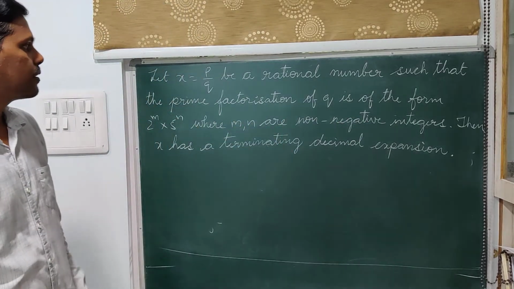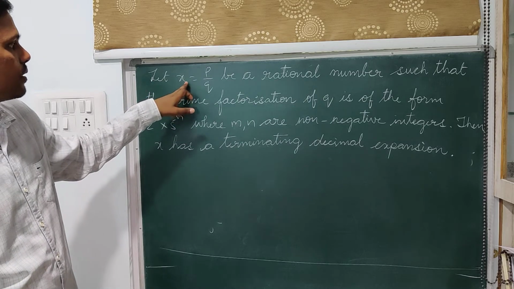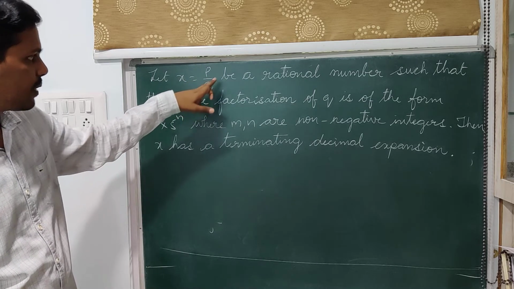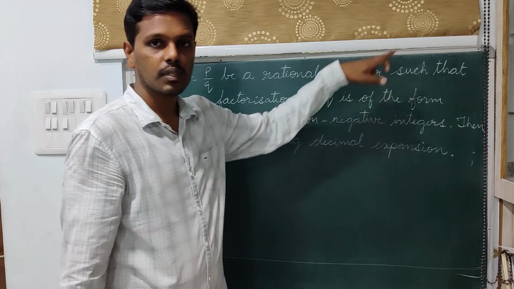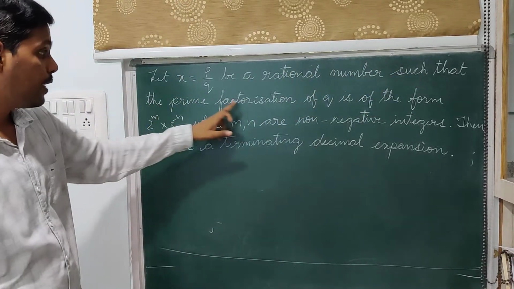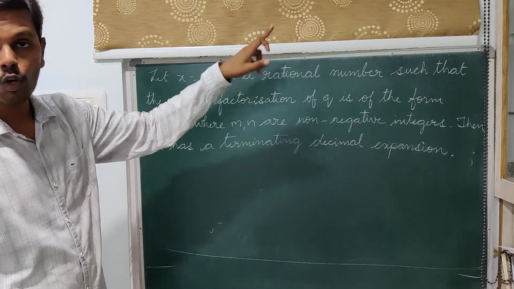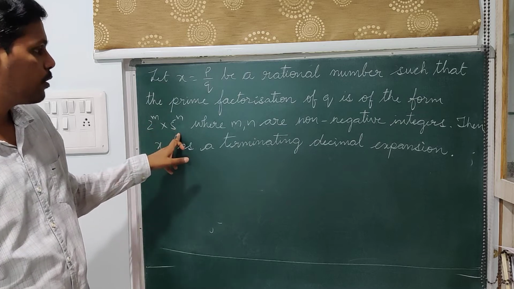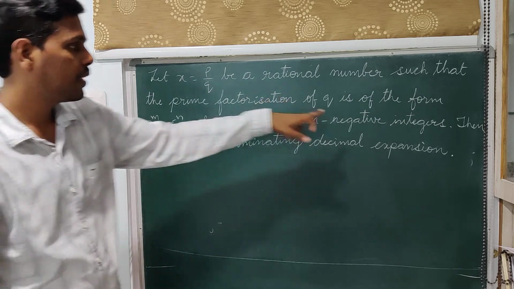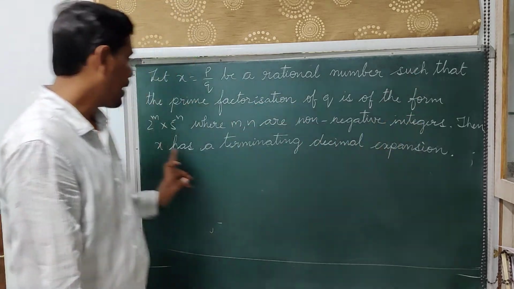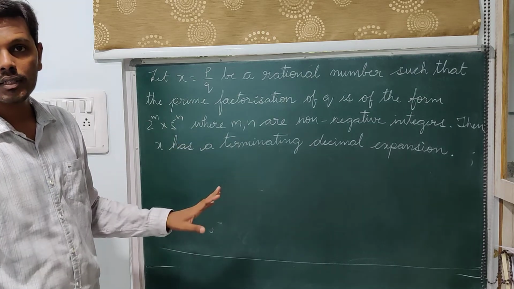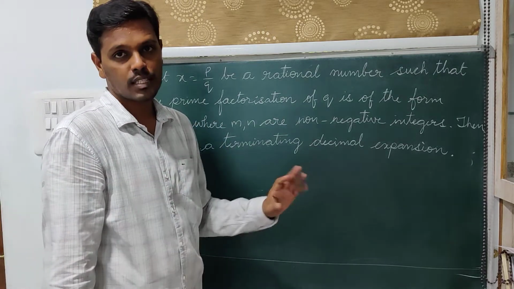Now we can also state the other one, that is, if x is equal to p by q is a rational number such that the prime factorization of q is not of the form 2 power m into 5 power n, where m and n are non-negative integers, then x has a non-terminating repeating decimal expansion.